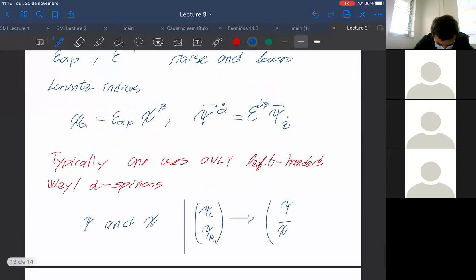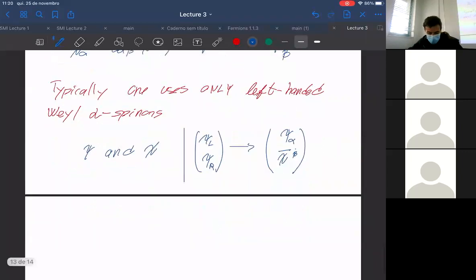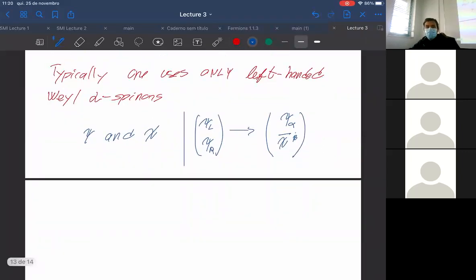To be consistent, I wrote these ones like that, and then here you have beta dot. So this is the way we can typically define these left spinors. And then there is also one final possibility here, which is that you can define Majorana spinors built out of Weyl spinors.